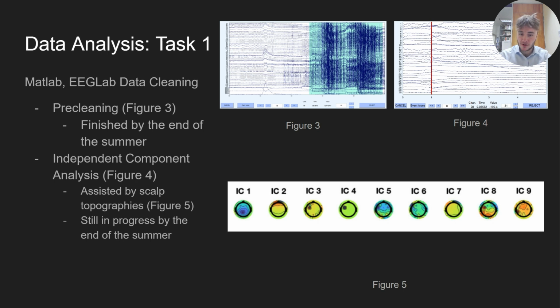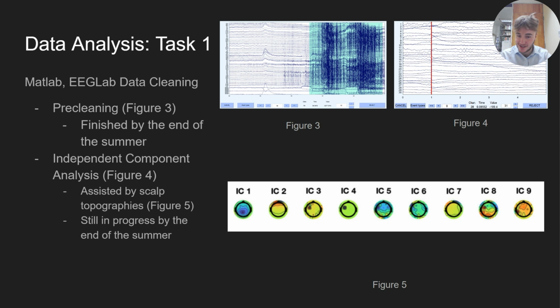Although blinks were a form of artifact, blinks and other eye movements were removed in the second step, independent component analysis, for the sake of preserving data. And you can see that in figure 4, independent component analysis. The second step is still in progress. I removed horizontal and vertical eye movements from the data.